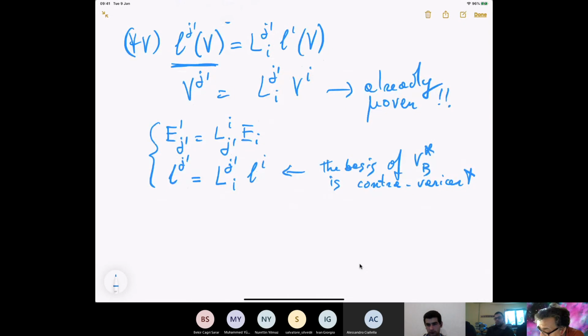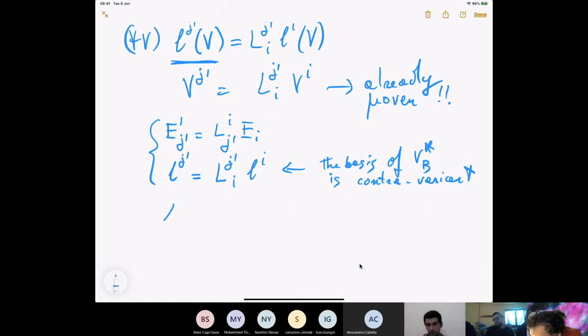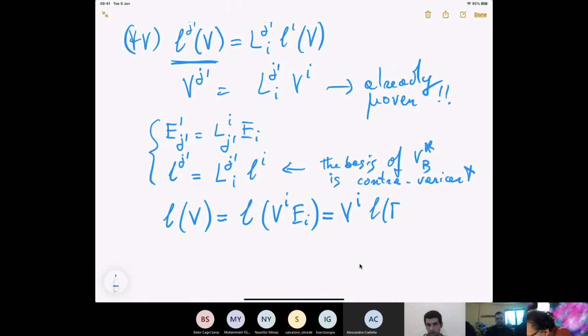Okay. Now let us consider L. L of V, you know, you can deduce everything in tensor calculus repeatedly applying this formula. This is the crucial formula in tensor calculus.